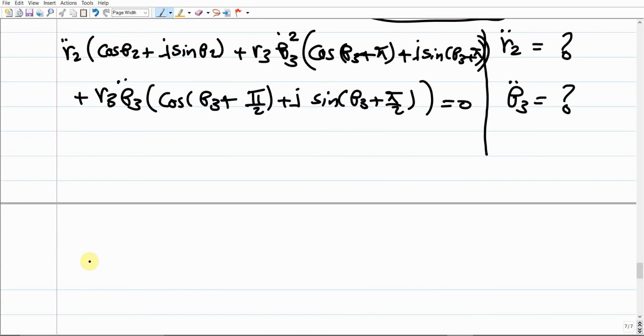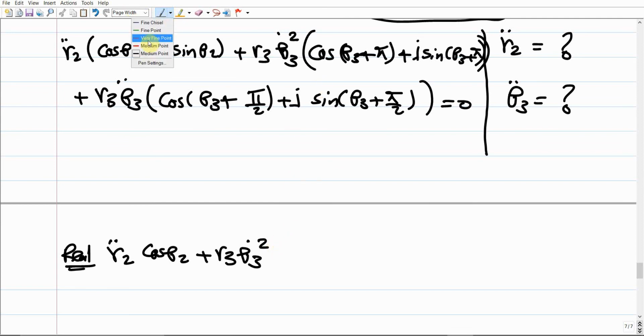So we're going to have here the real part. The real part is going to take the R2 double dot cosine theta 2, plus R3 theta 3 dot square. We do have here cosine of theta 3 plus pi, which gives negative cosine theta 3.